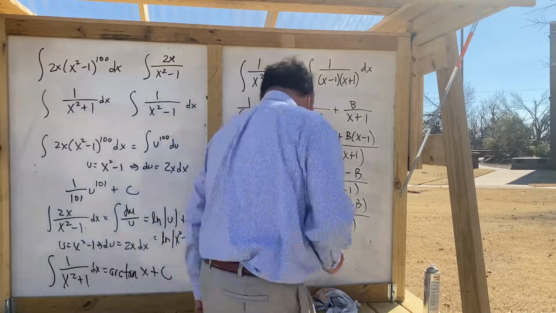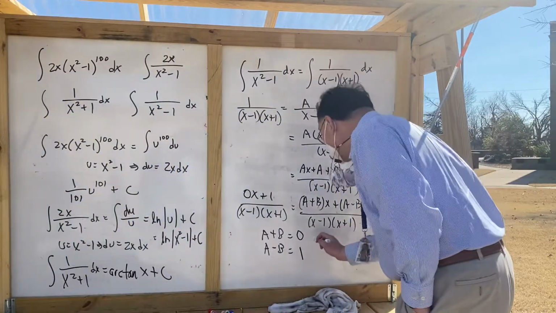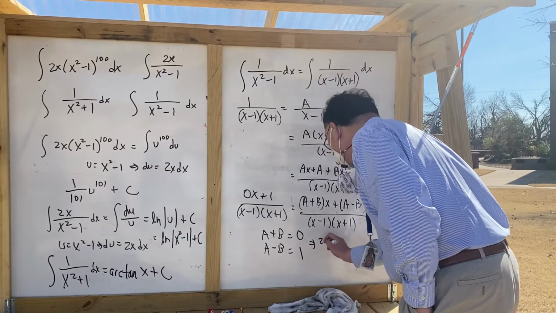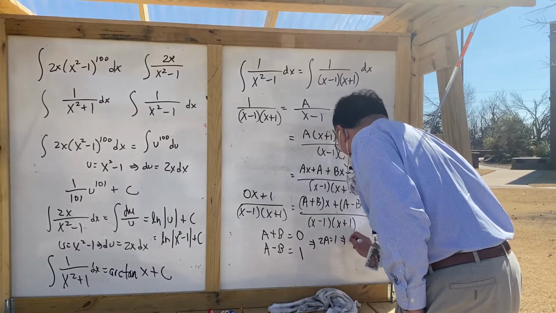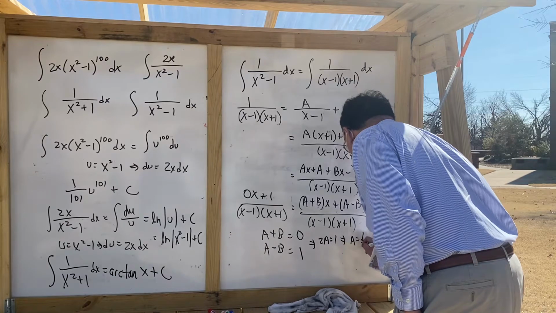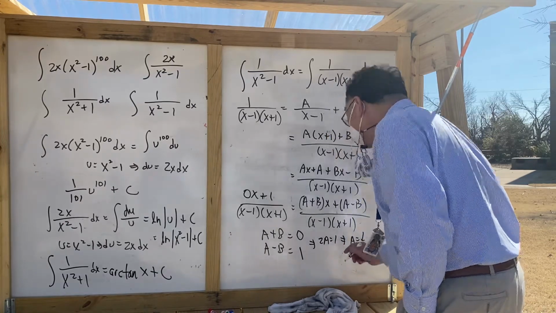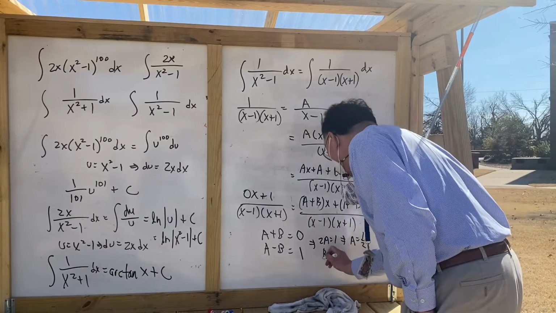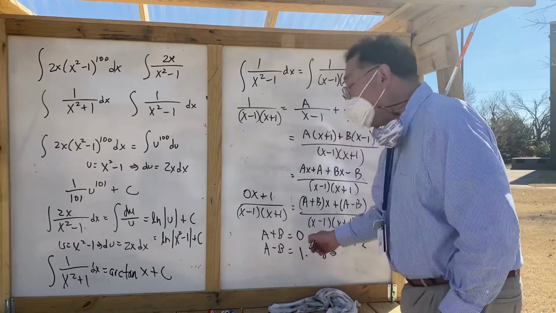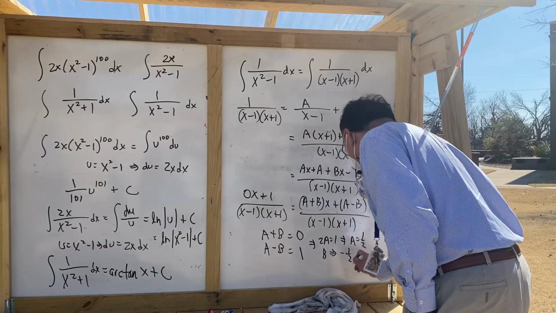Yeah, very good. Now I have to solve these two equations in two unknowns. So I get 2a is equal to 1, which means a is equal to a half. And if a plus b is 0, then b must be negative a half.